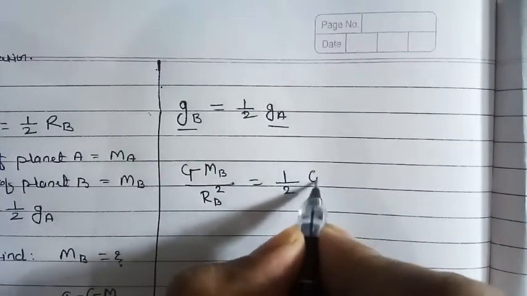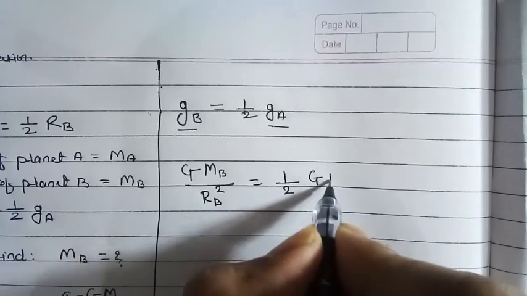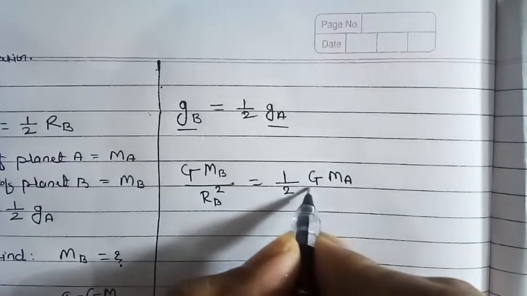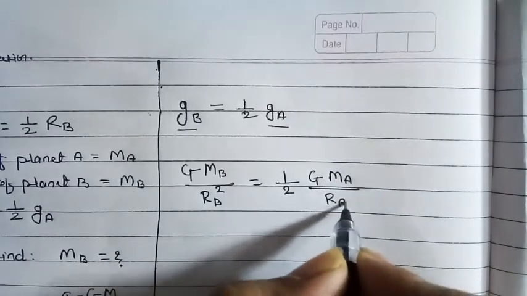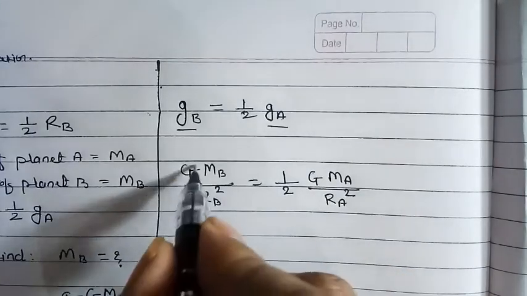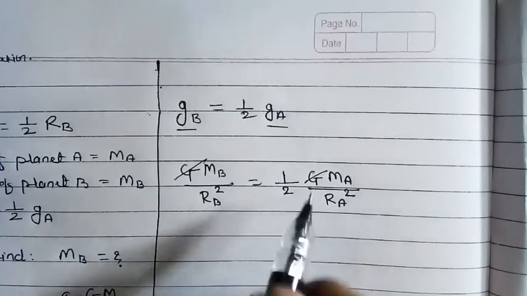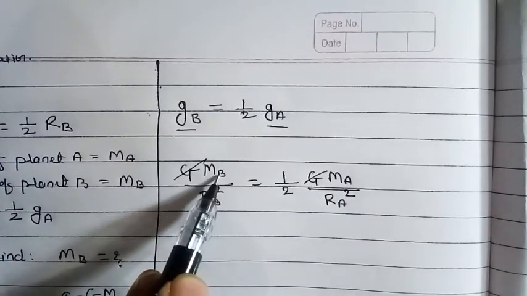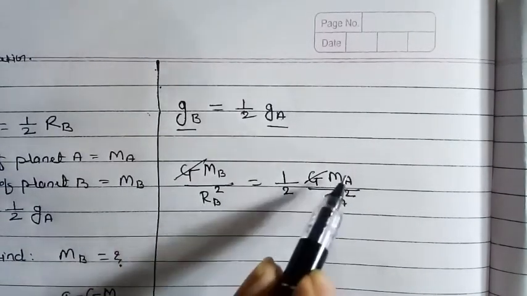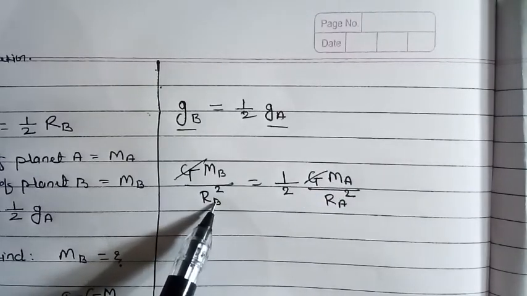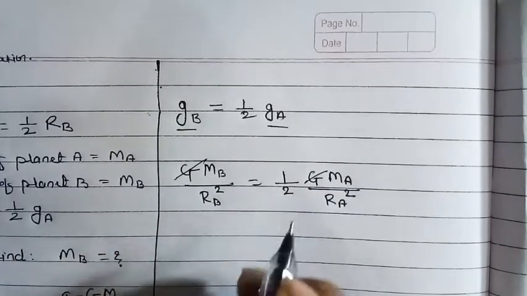The value of gA is capital G into the mass of planet A divided by the radius of planet A squared. So this G and this G will get cancelled. So we have to calculate the value of MB. That means we have to transfer this to the other side. It is in division form, so it will go in multiplication form.